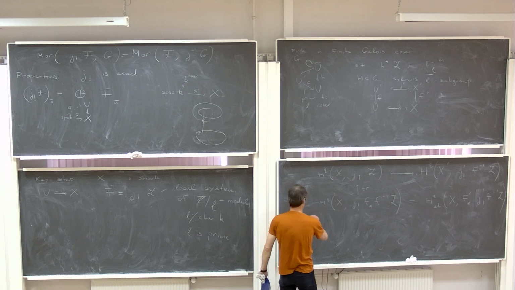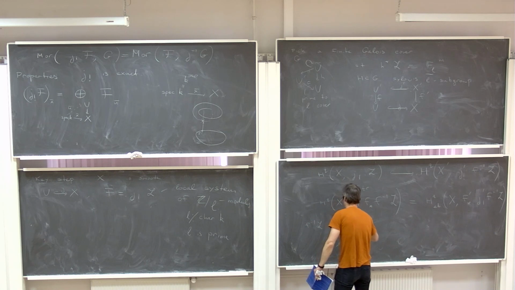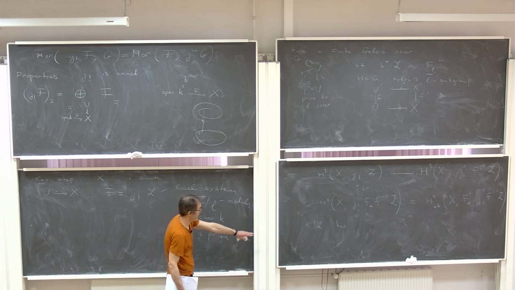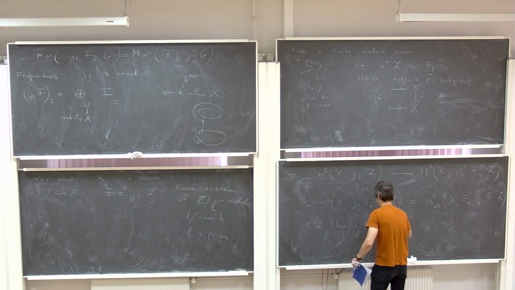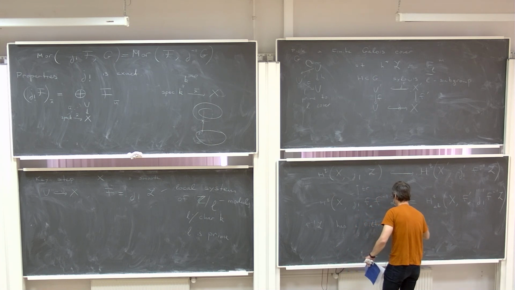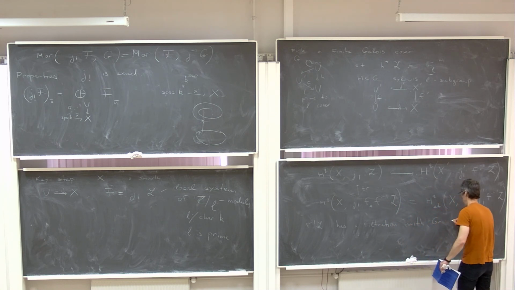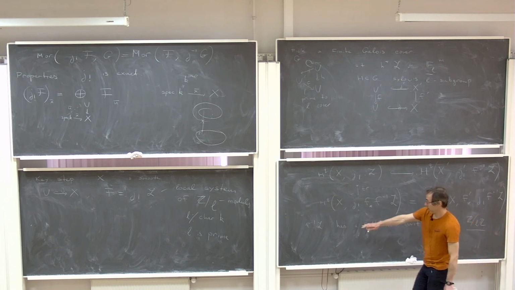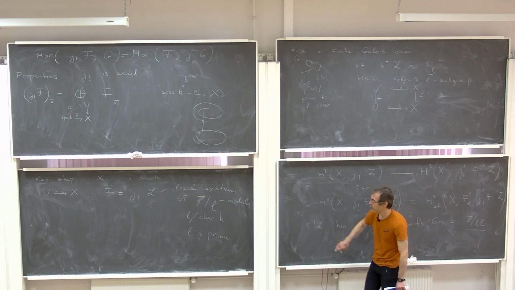And finally, F^{-1} of L is a local system, and it has a filtration with associated graded isomorphic to Z mod LZ with constant shifts. Why is that? Because this corresponds to a representation of the fundamental group.